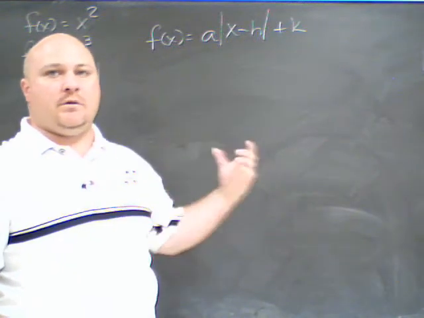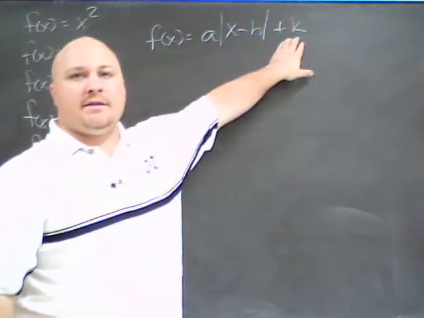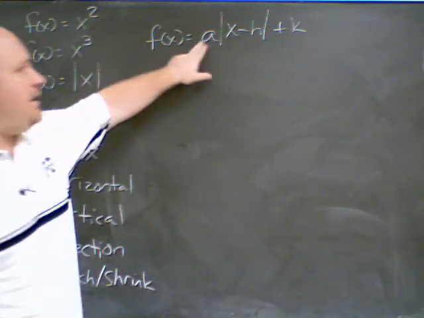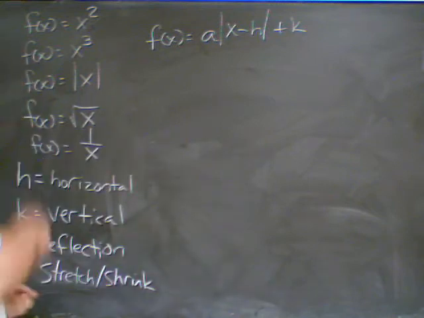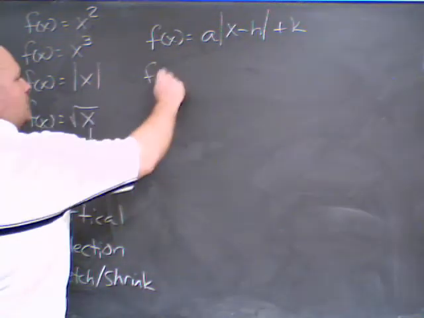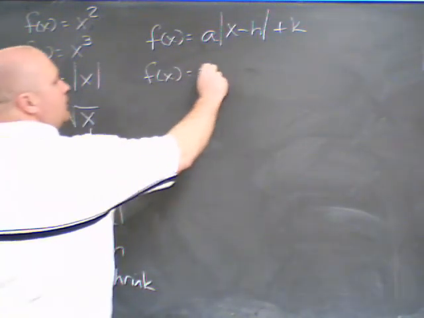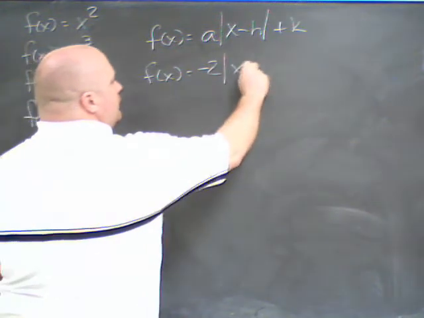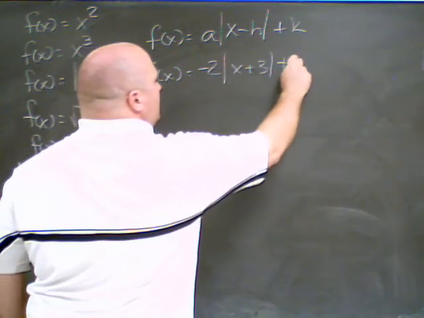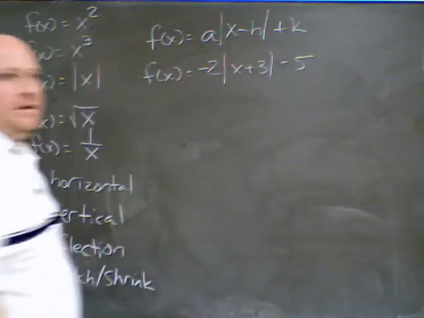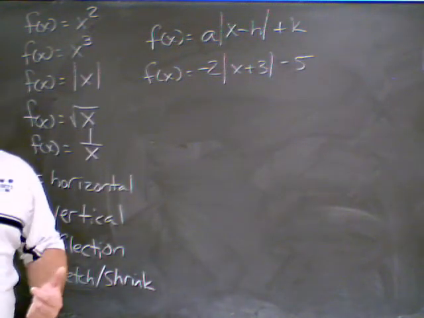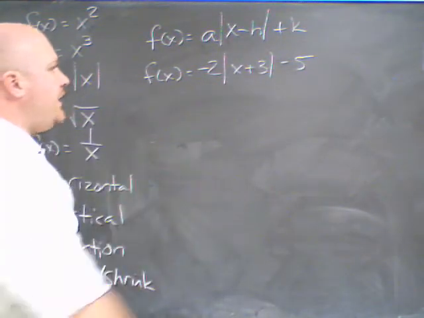It's still doing whatever x is doing. K is tacked on to the end, and a is in front of whatever's going on with x. Let's do minus this time. So with this equation, we have an a value of -2.